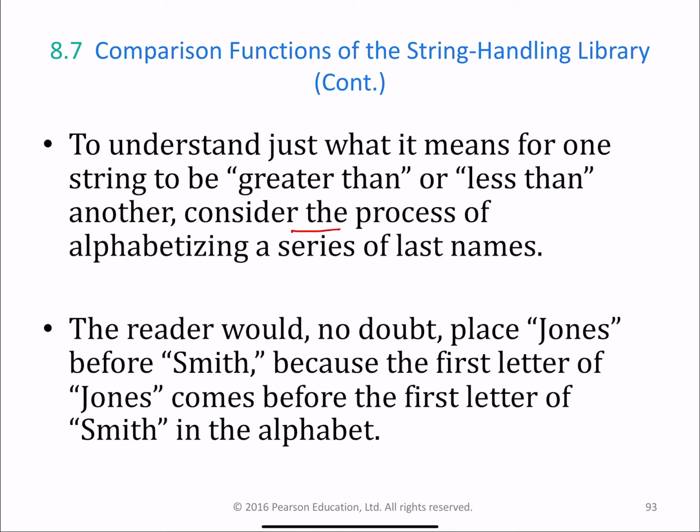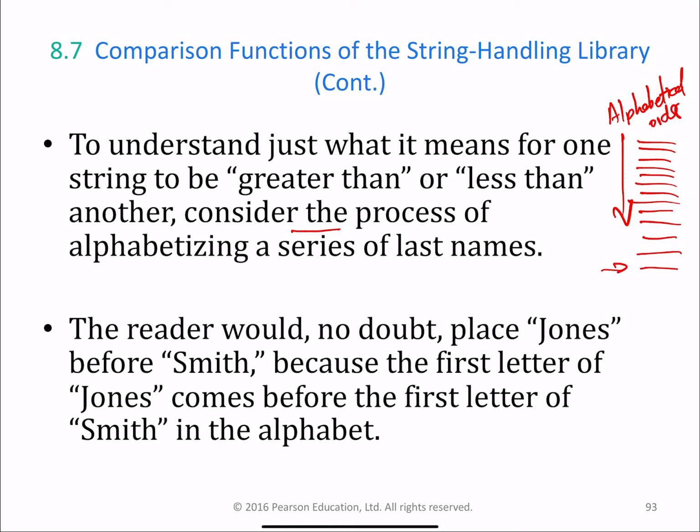So this is just a further example explaining what we mean by a string being greater than or less than. So remember, words or strings put in alphabetical order: strings appearing later in an alphabetical ordering have larger values.